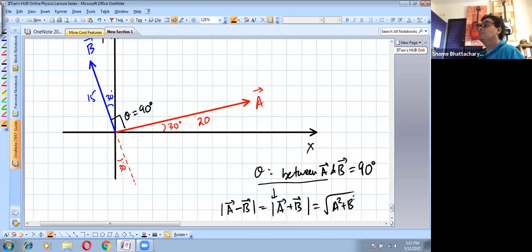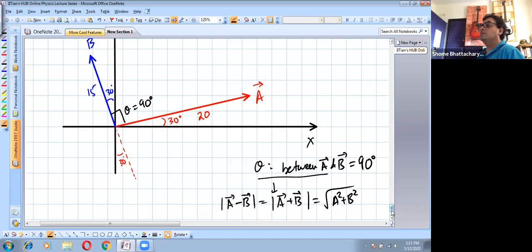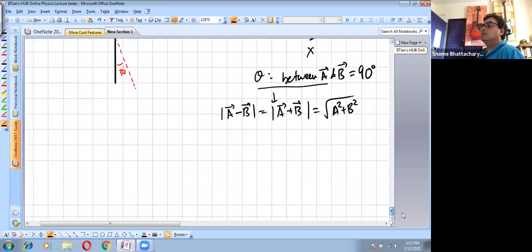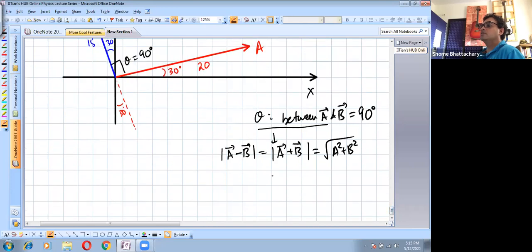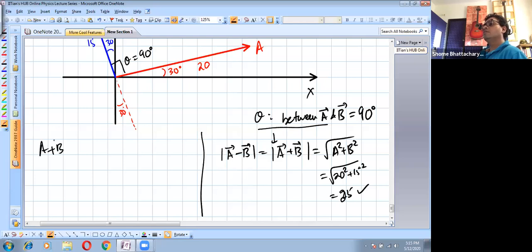So even the second part, for example, where we found out the magnitude of A plus B, we did too much work. We should have just done this. It is a hypotenuse of 20 and 15. It was not necessary to do that much work over there. Why this happens is, to understand this, that mod of A plus B is root of A square plus B square plus 2AB cos theta.